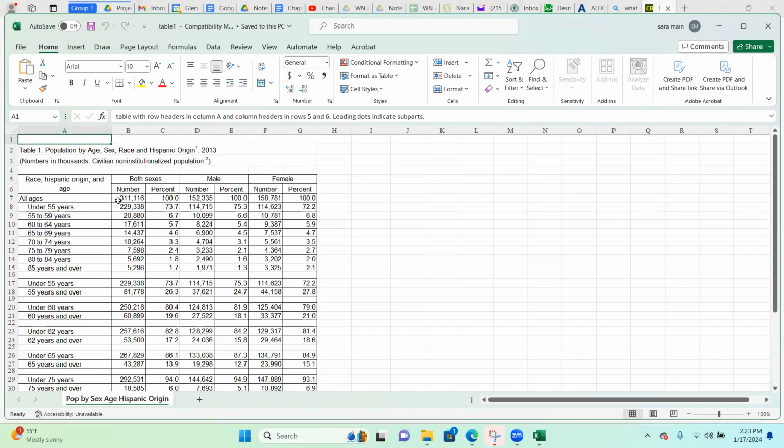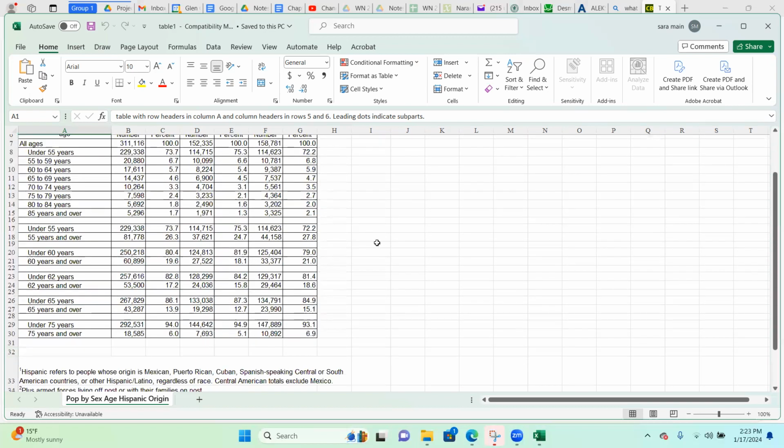Let's just write that down. 311,116, and then 3 more zeros because it says it's in thousands. So 311 million, but we have to subtract away everybody under 65.